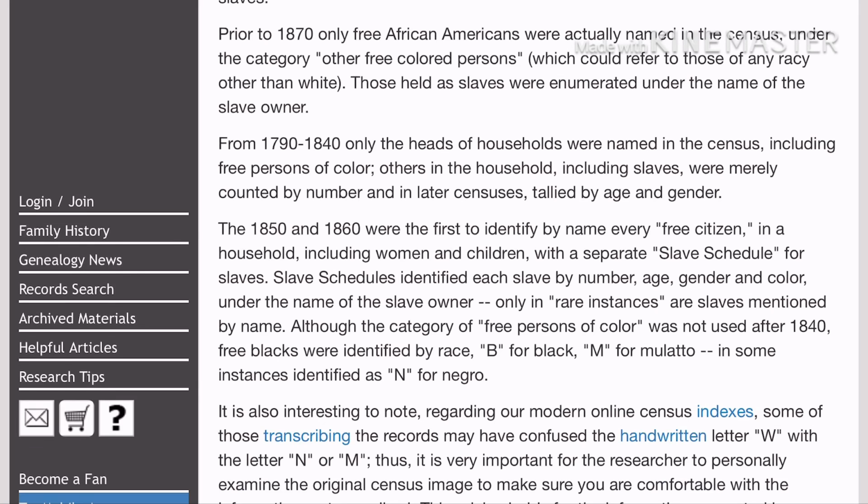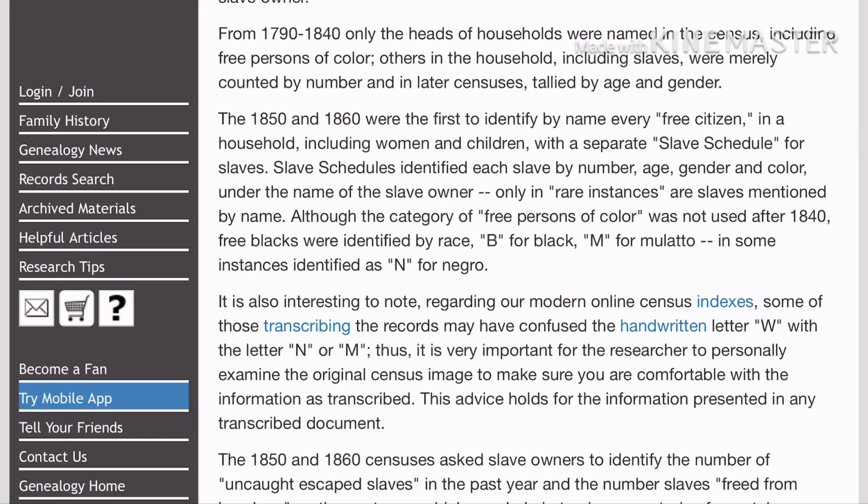Slave schedules identify each slave by number, age, gender, and color under the name of the slave owner. Only in rare instances are the slaves mentioned by name. Although the category of free persons of color was not used after 1840, free blacks were identified by race: B for black, M for mulatto, and in some instances N for Negro.